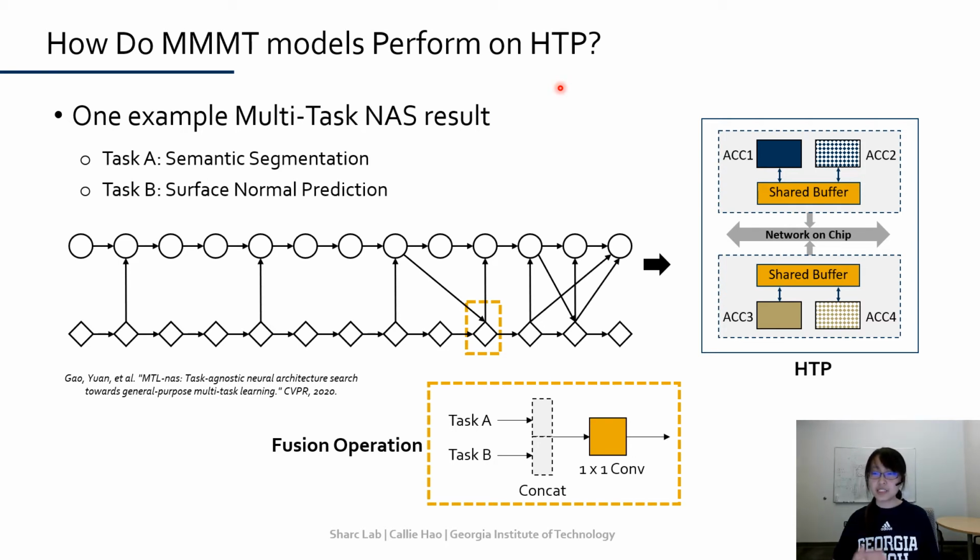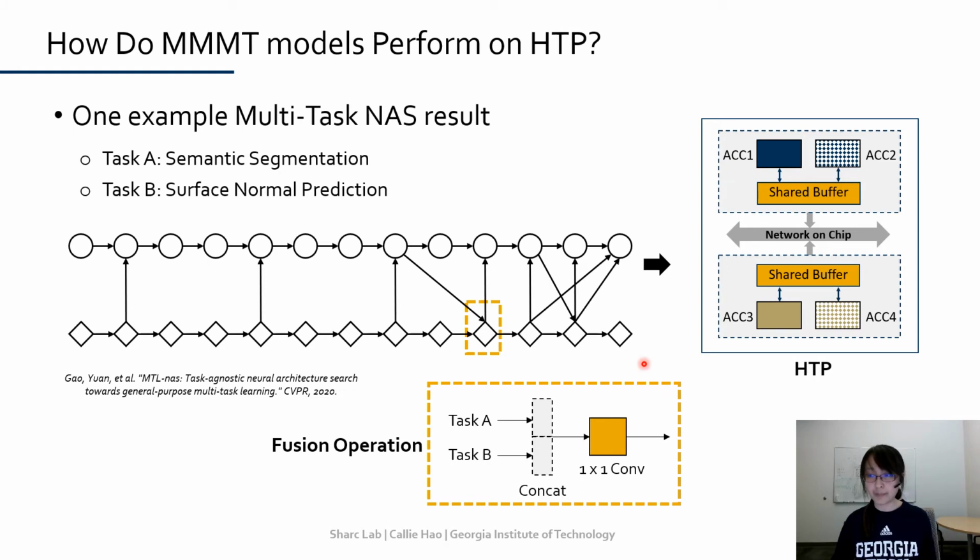Now let's take a deeper look at how these MMT models perform on these heterogeneous platforms and how they complicate the design space. Let's take one example from this multitask learning result from CVPR 2020. This multitask model is searched on 2 tasks by NAS, and the task fusion is done by going through a concatenating layer and then a one-by-one convolution.